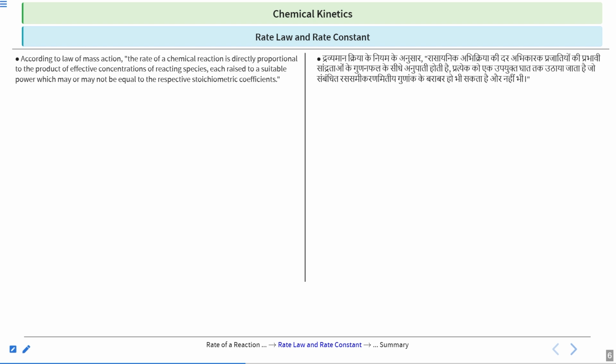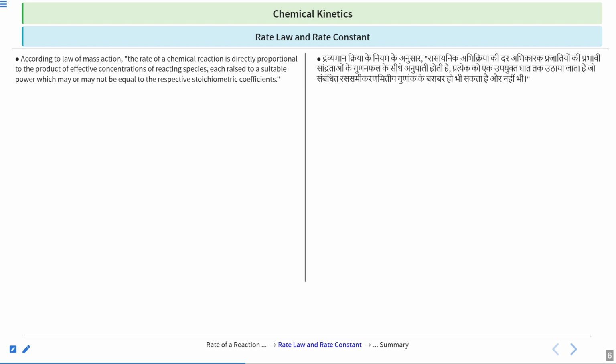Now this thing is very important. We will use this concept in the coming slides, and you will use this in the questions also. It's the main point throughout the chemical kinetics chapter. You will see to and fro the use of this idea, that the power should not be taken as equal to the stoichiometric coefficient.